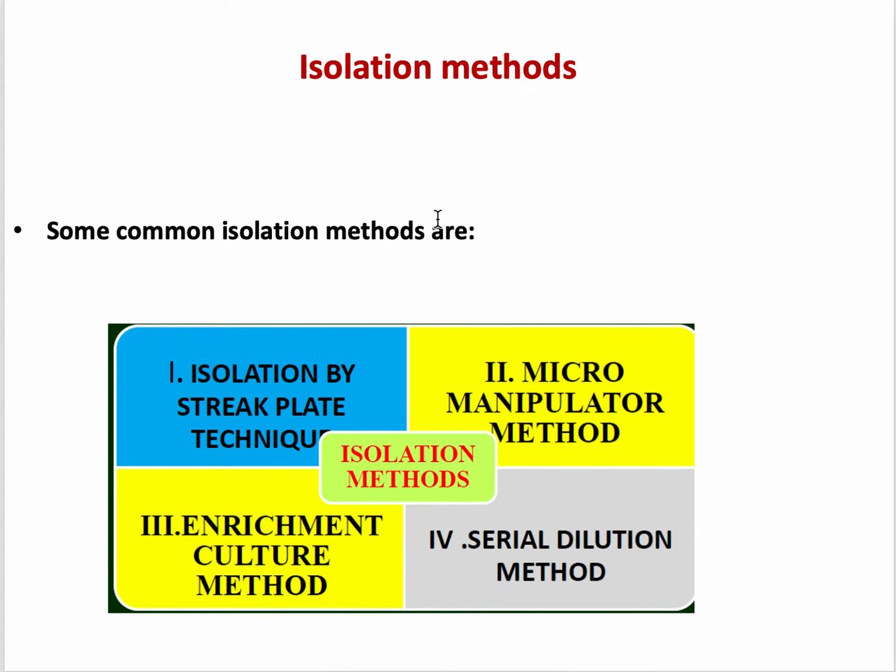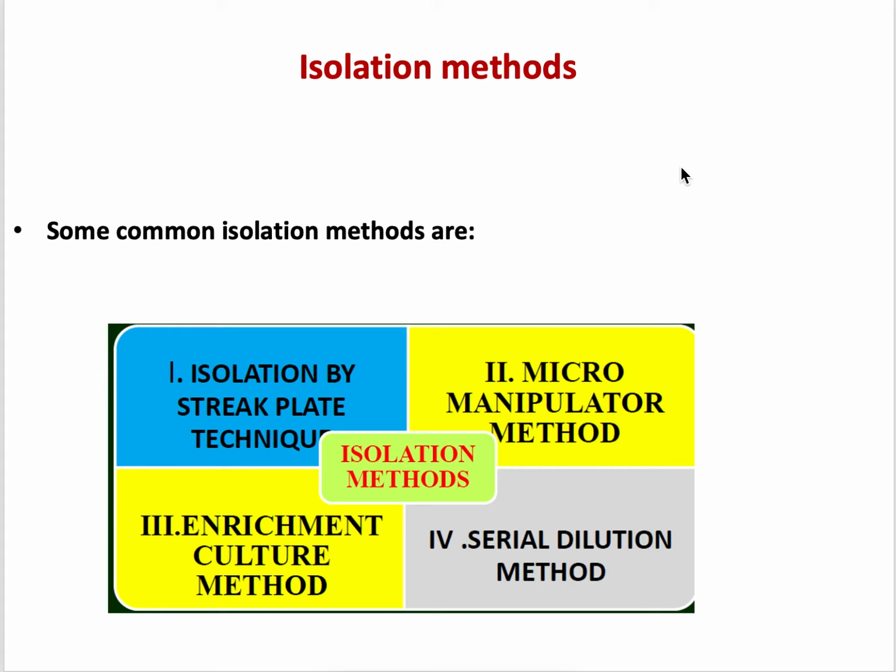Now, the isolation method. Using which method can we isolate our target microorganism? Basically, this refers to the culture method that we use to isolate organisms, and there are different methods such as isolation by streak plate technique, micromanipulator method, enrichment culture method, serial dilution method.